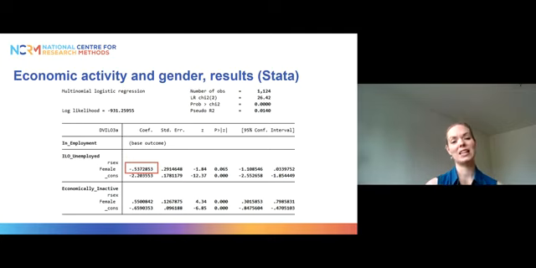So as you can see, these models become quite complicated quite soon because you are comparing so many different sets of variables. So you have the reference category of the outcome variable, and since we have a dummy variable as our explanatory variable here, we are also comparing men and women. The second equation shows that this time the coefficient is positive, so it means that women are more likely than men to be economically inactive rather than in employment.